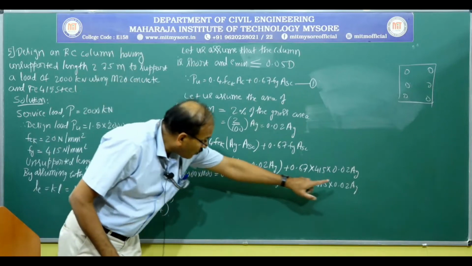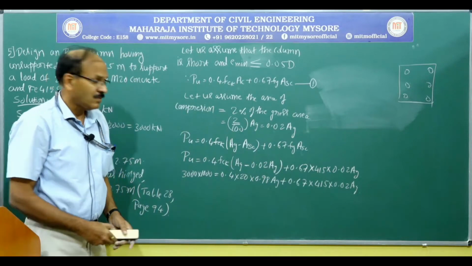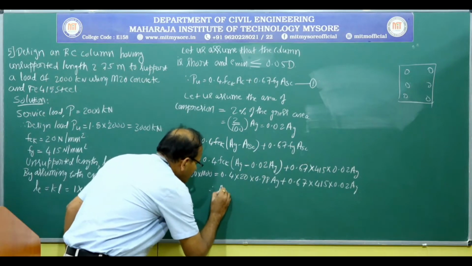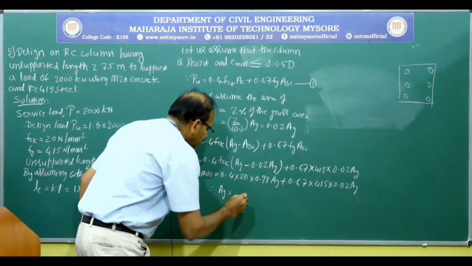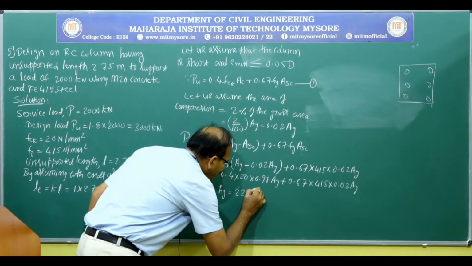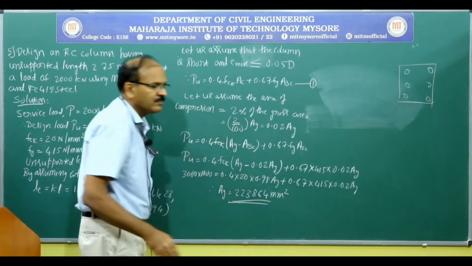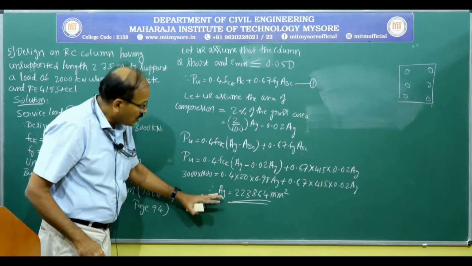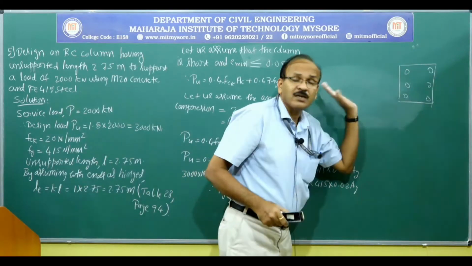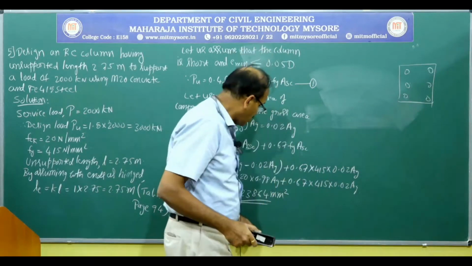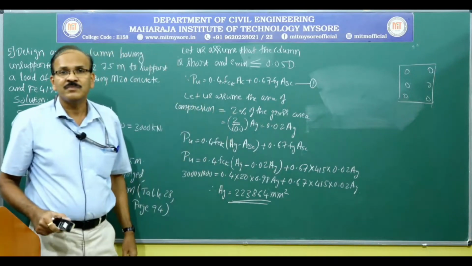Here Ag is the only unknown. Therefore, Ag equal to 223,864 millimeter square. That is the gross area of cross section of the column required.